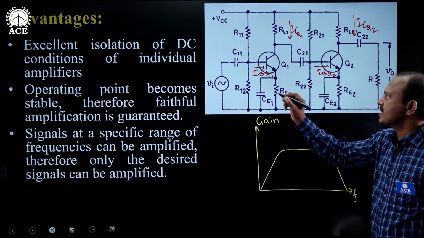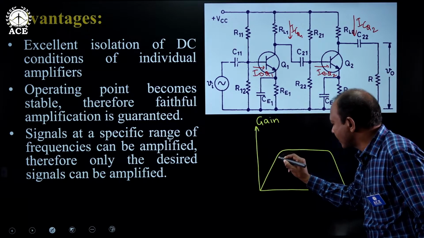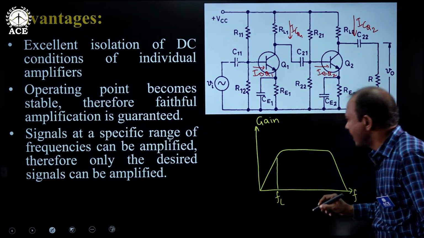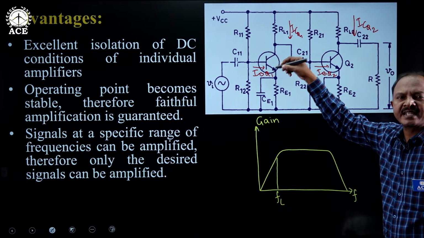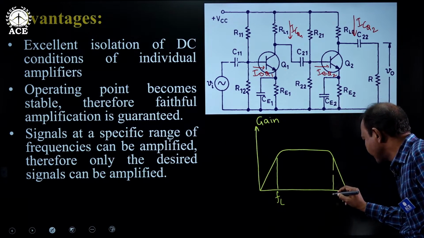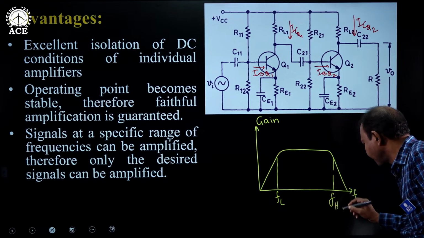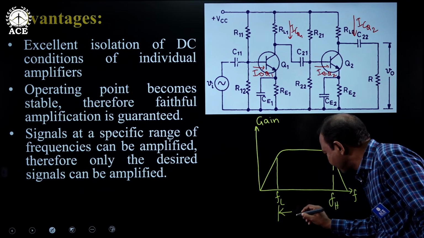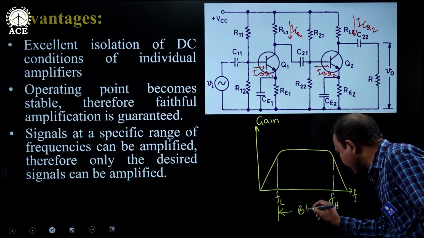Due to the presence of coupling capacitors, lower cutoff frequency is established. And of course, due to the internal or junction capacitors of BJT, upper cutoff frequency is established. As a result, signals between FL and FH only get amplified here.